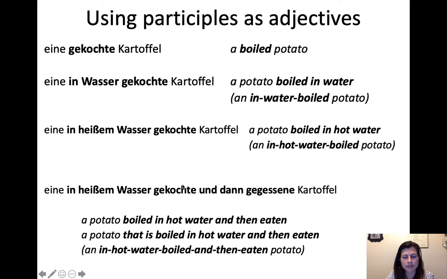And then if we wanted to, just to show you what is happening exactly word for word, is an in hot water boiled and then eaten potato. So in hot water boiled and then eaten is like one big adjective, right? So we have two past participles, but it's like one adjective that describes Kartoffel. Yeah. So those are all past participles.